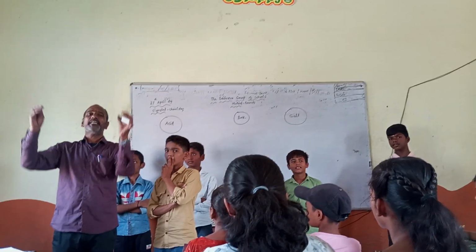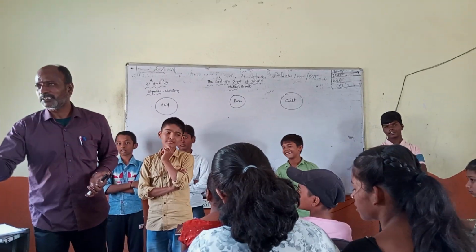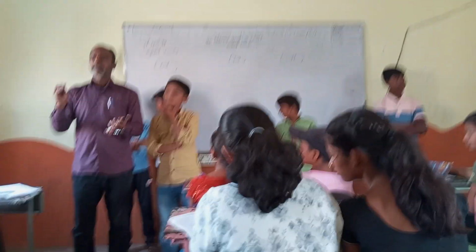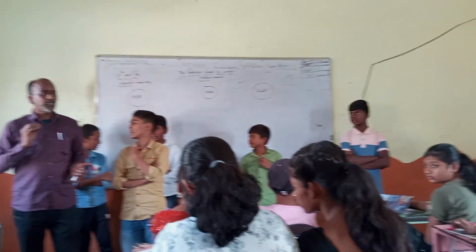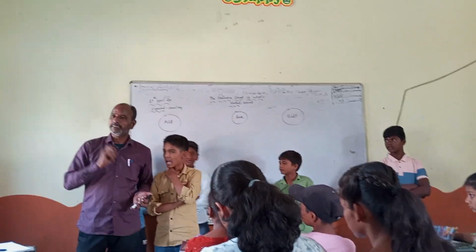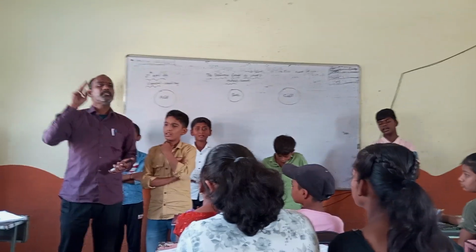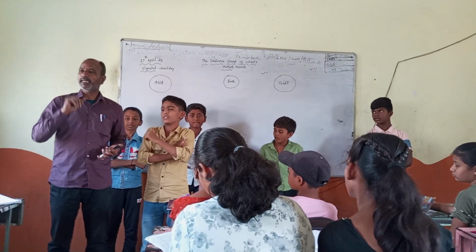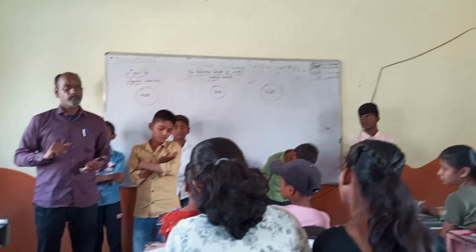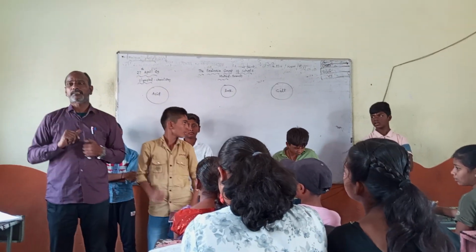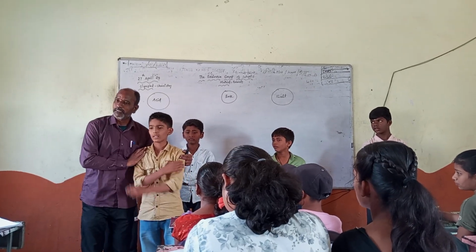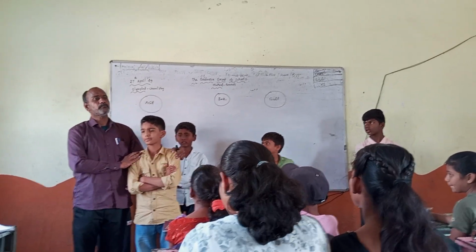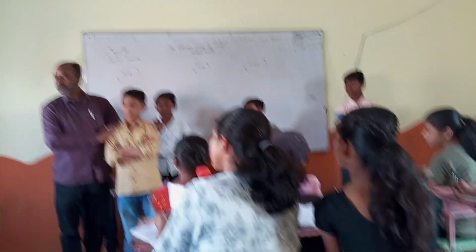So many examples, n number of examples are there for acids. But the most important examples are hydrochloric acid, sulfuric acid, nitric acid, carbonic acid, acetic acid, and formic acid. So these are the examples for acids. Any doubt?